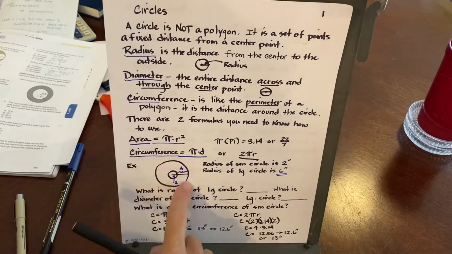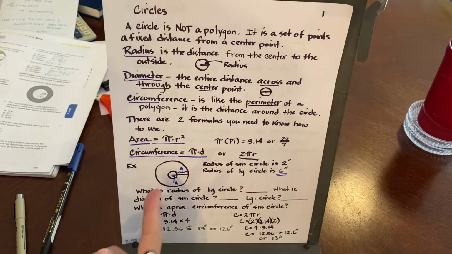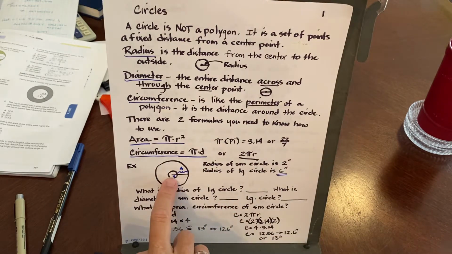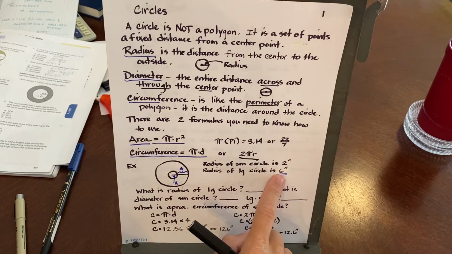All right, so here's an example. I've got a large circle and then a smaller circle inside, almost looking like a donut. It tells me that the radius of the small circle is 2 inches. So from the center to the outside of the small circle is 2 inches. Then the radius of the large circle is 6 inches.